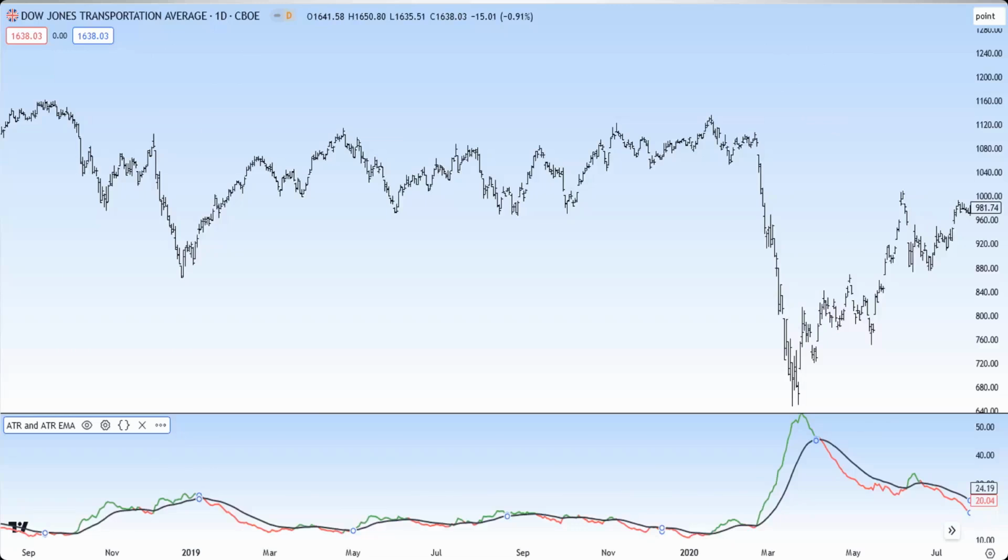And then I've plotted the moving average. What I do is color code the average true range based on whether it's above or below the moving average. If it's above the moving average, it means that volatility is rising. If it is below the moving average, volatility is falling. Again, it's a very simple technique. You can get more fancy with it, but it won't make a difference.